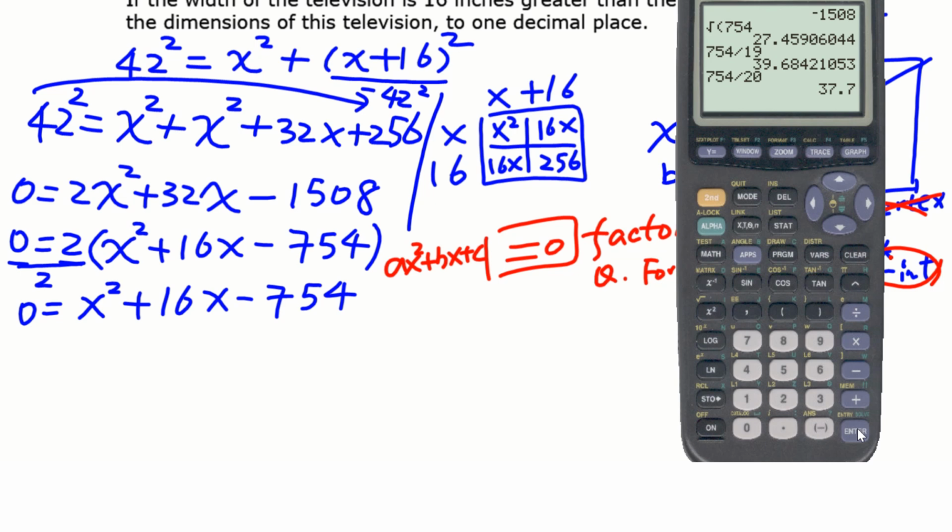So, divided by 21. As long as you take the square root and the 8 doesn't work, so probably it doesn't factor. Okay, so now we are going to use the quadratic formula, so x equals.